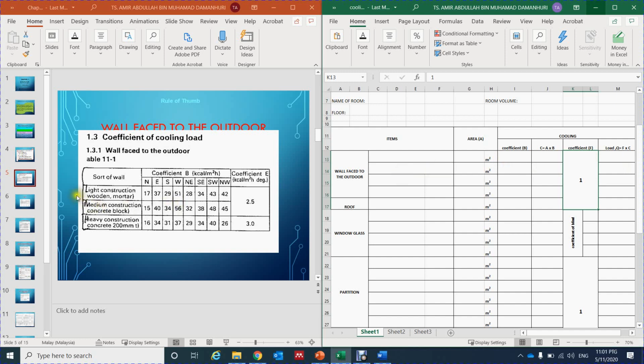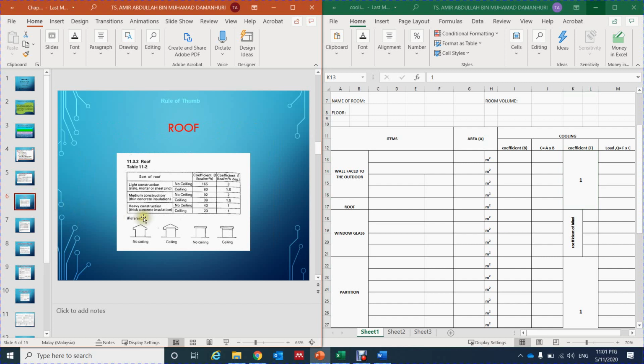So now let's go to the example. Before that, let me go through the coefficient of cooling load that we have here. Now we have the wall face to the outdoor, then we have the roof. In case we have a roof, it is light construction, medium construction, or heavy construction.